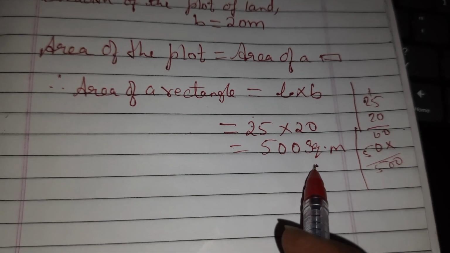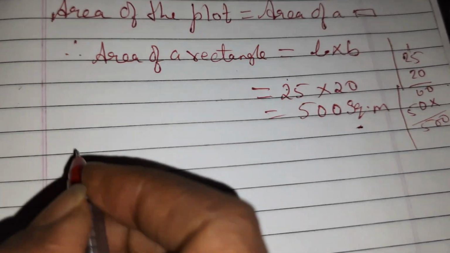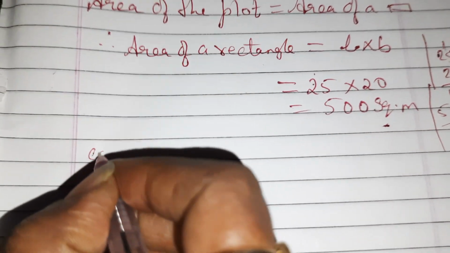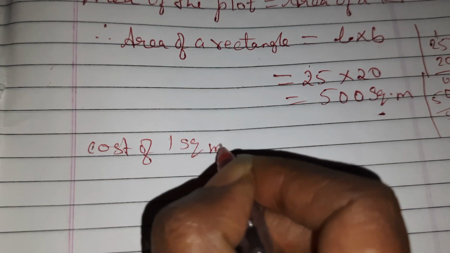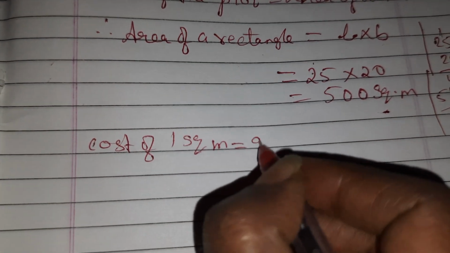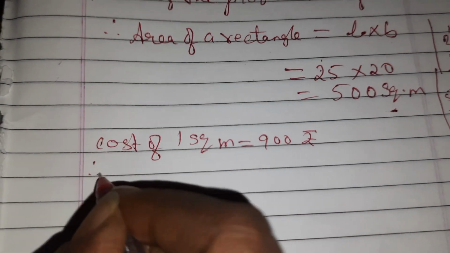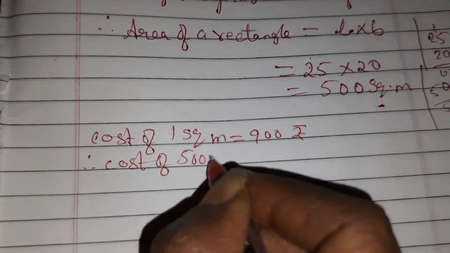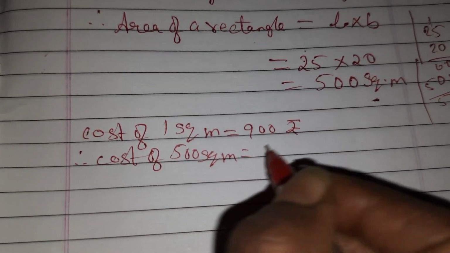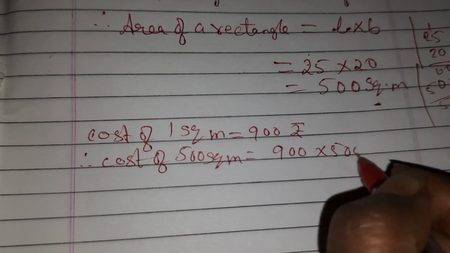Now what we have to do, we have to find out the total cost. So for the total cost, what they are saying, the cost of 1 square meter is equal to 900 rupees. Okay, therefore the cost of 500 square meter of plot is equal to 900 into 500.